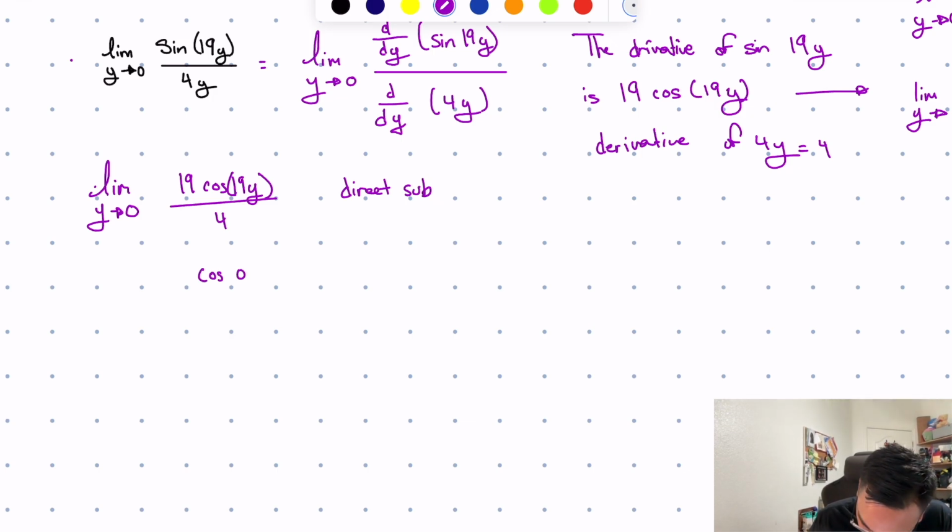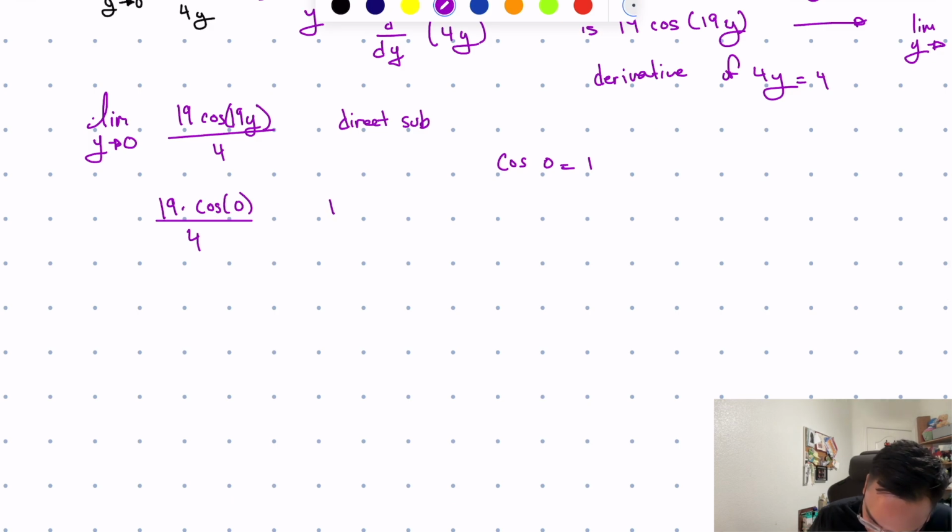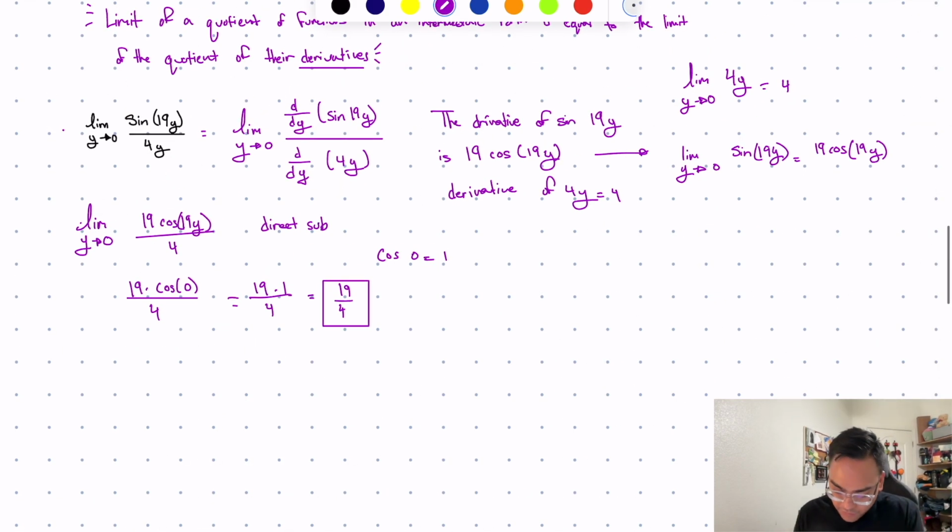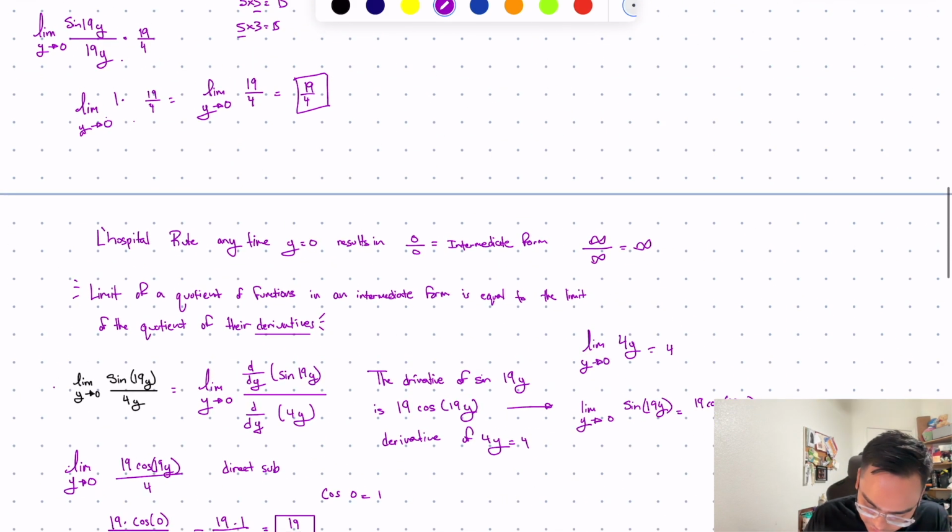So the cosine of 0 times 19 over 4. The cosine of 0 is equal to 1. So 19 times 1 over 4 gives us 19 over 4. There we go, easy peasy. So this equals the same as our original answer.